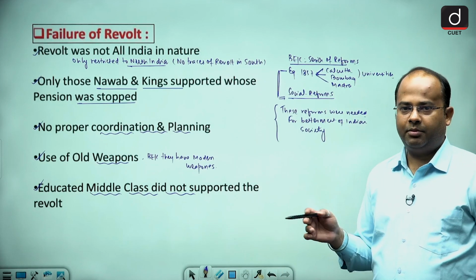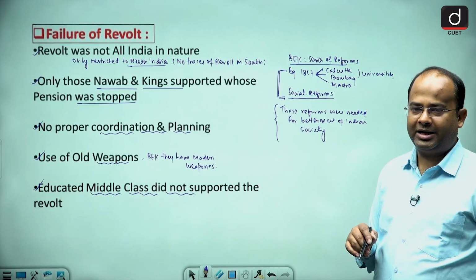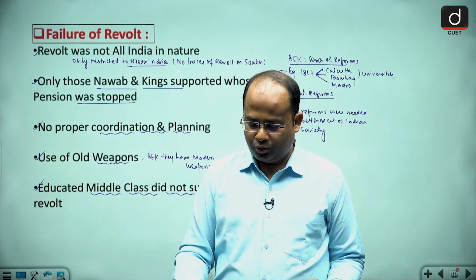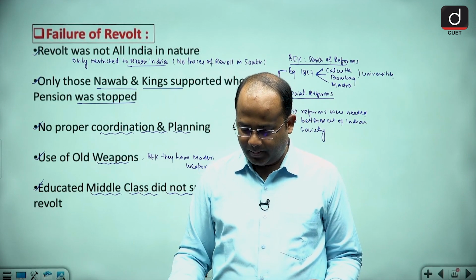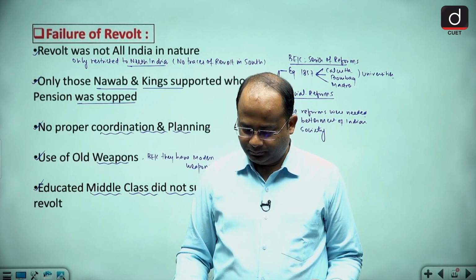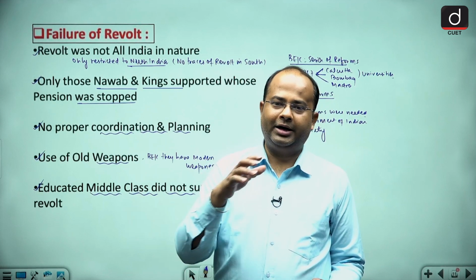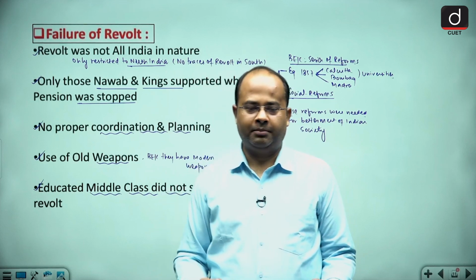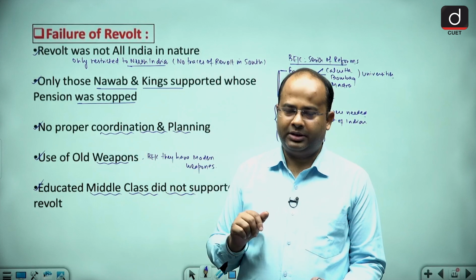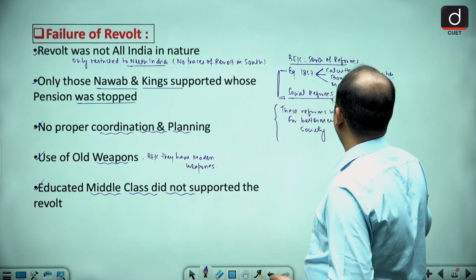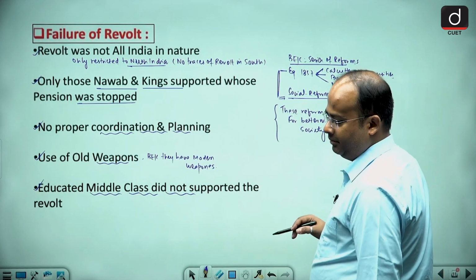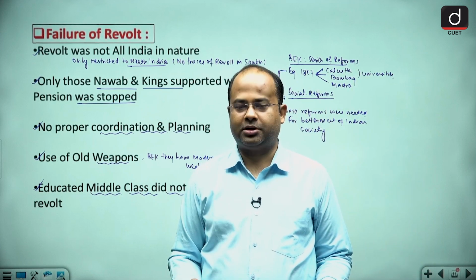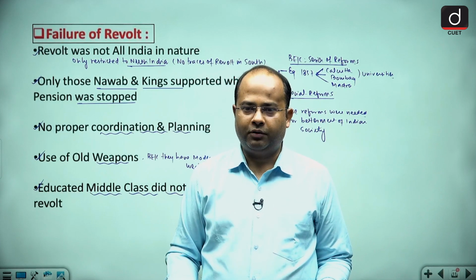If the British East India Company or the British government were thrown out of India, what would happen? India would go back to primitive times. Therefore the educated middle class never supported this revolt, and finally the revolt failed.